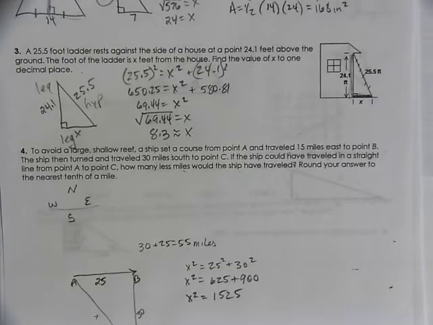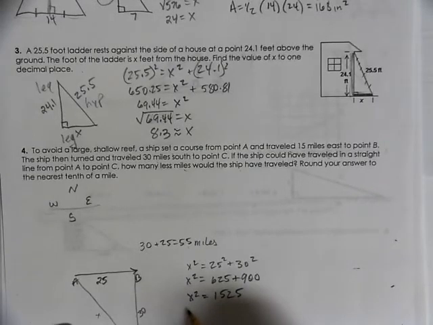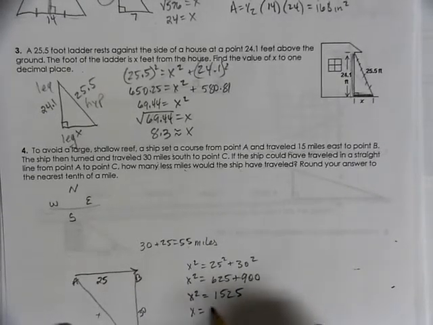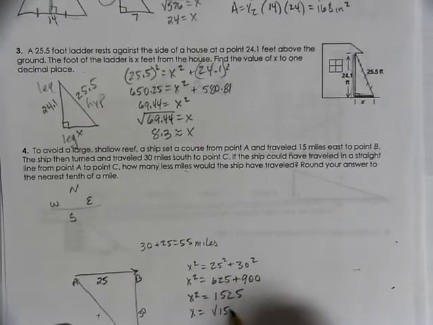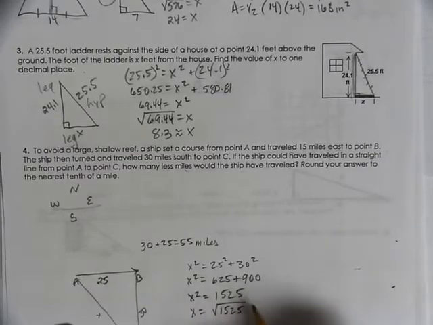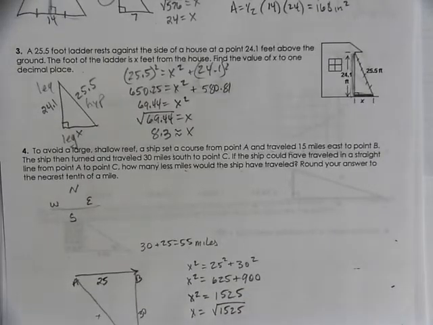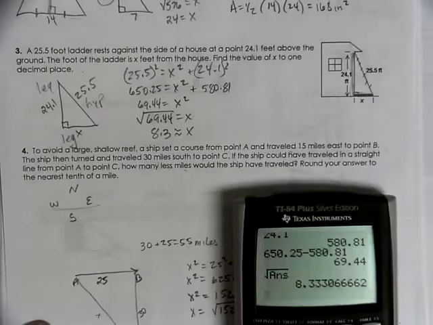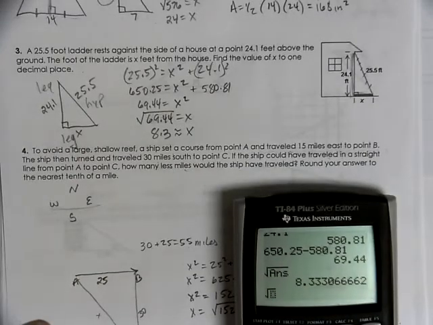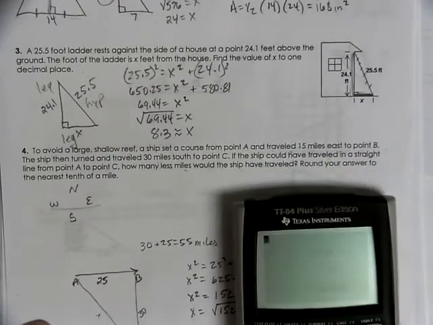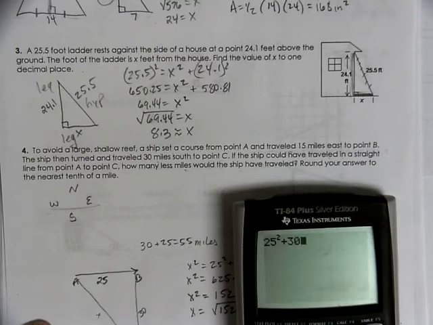So we add them together and we take the square root. Okay, that's not a perfect square, I don't believe. But the square root of our answer, not that answer, 25 squared plus 30 squared.